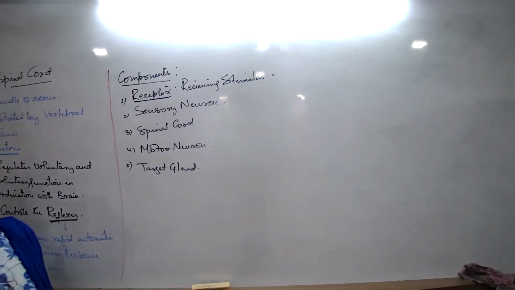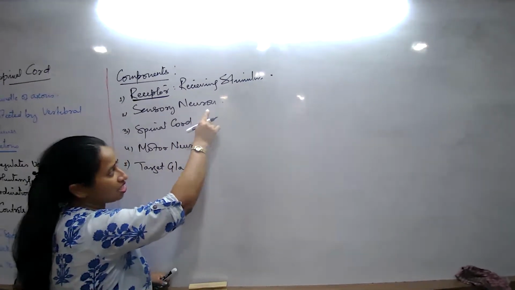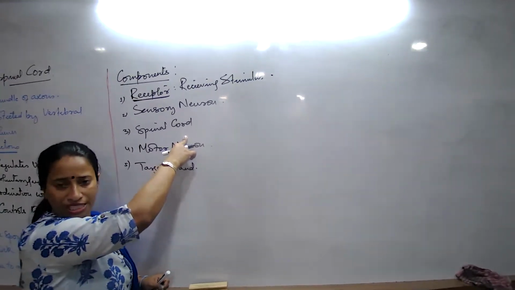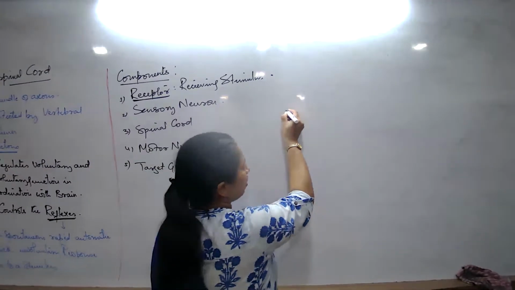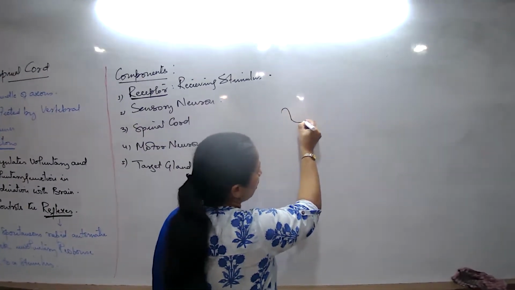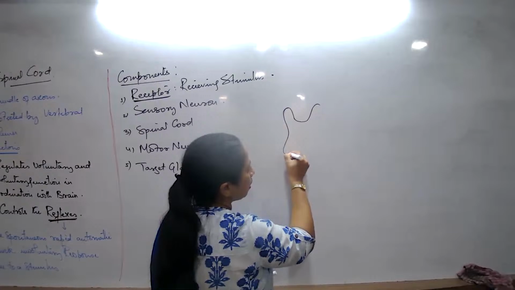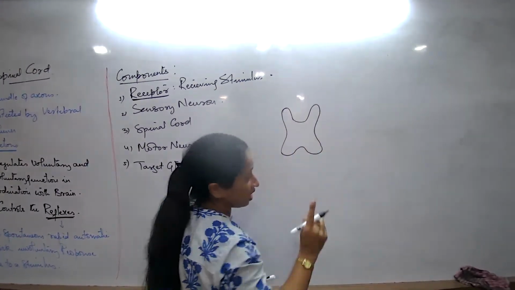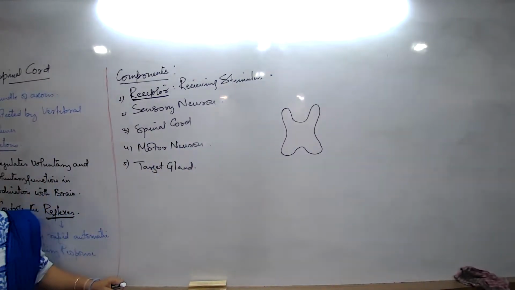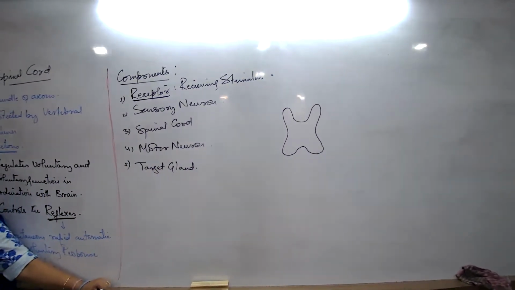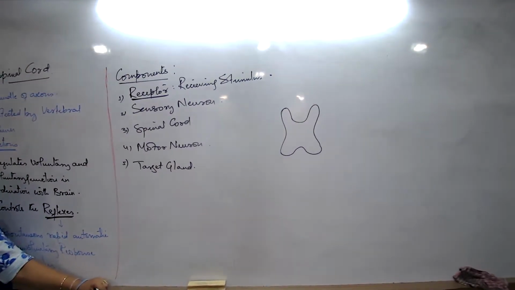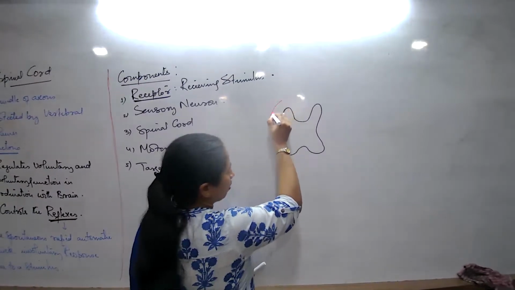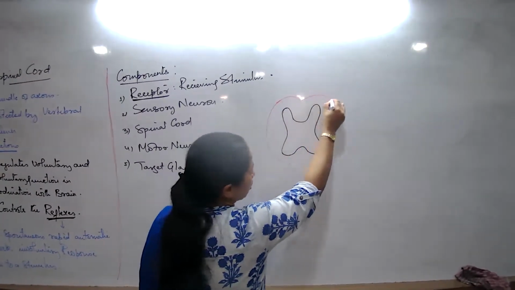Now, the sensory neuron is actually inside the spinal cord. Then, when we look into this H-shaped structure, you can come across some of the parts. Just underline some of those parts in the diagram so that you know every part very carefully. Underline the sensory neuron, underline the spinal cord. Is the spinal cord marked?